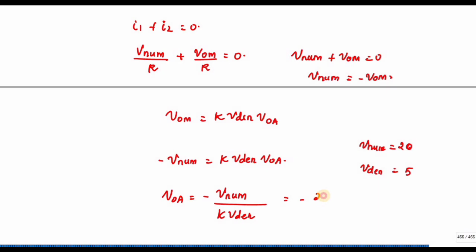So I will get the output as 20 divided by 1 by 10, into 5, and this is 1 by 2. So you will get the output as minus 40. Actually it is dividing this input 20 by 5. That is why it is called a voltage divider.